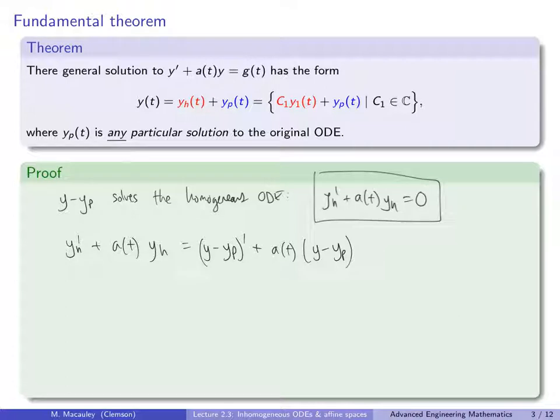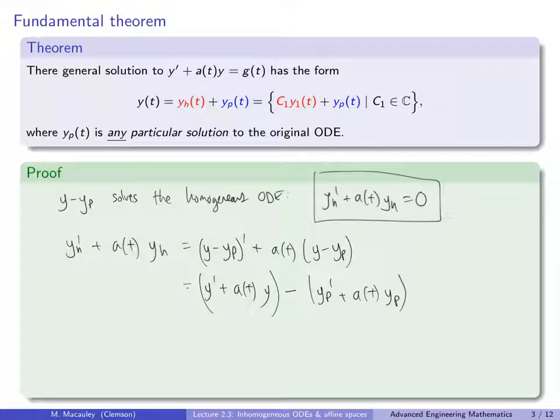Now let's rearrange things a little bit. I'm going to put the y's together, so this is y prime plus a of t y, and this is minus y_p prime plus a of t y_p.